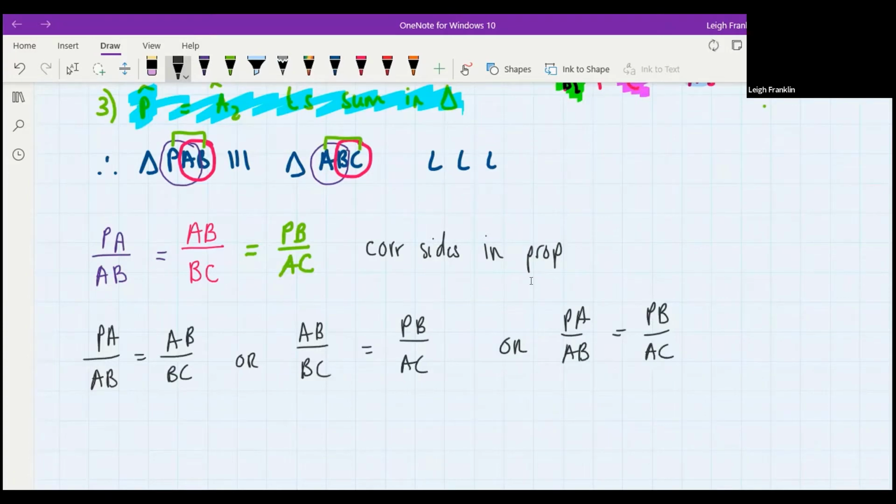So if we go back up here, look, we've got PA and AB and BP and AC. So PA and AB, look there, PA and AB. And it goes with PB and AC.